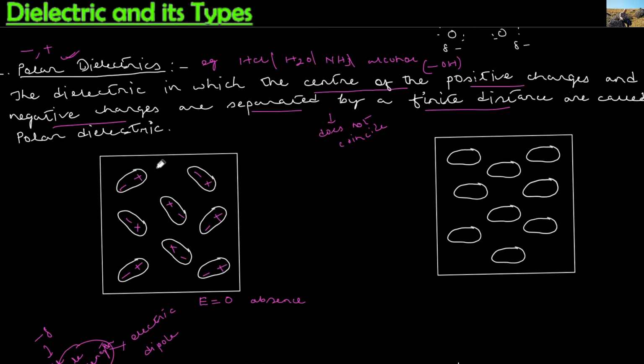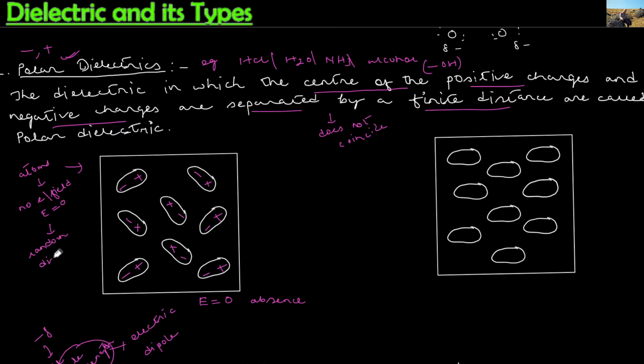All these domains or atoms, in the absence of an electric field, or E equal to 0, will be in a random direction.